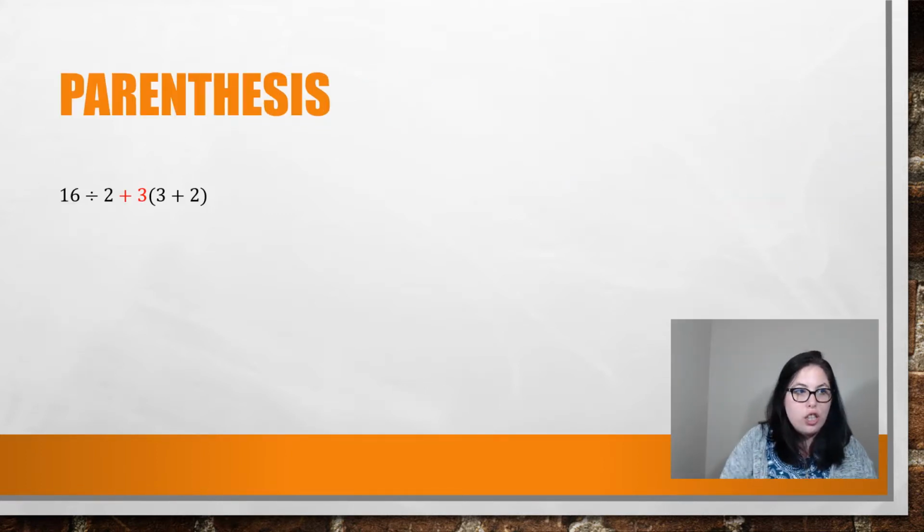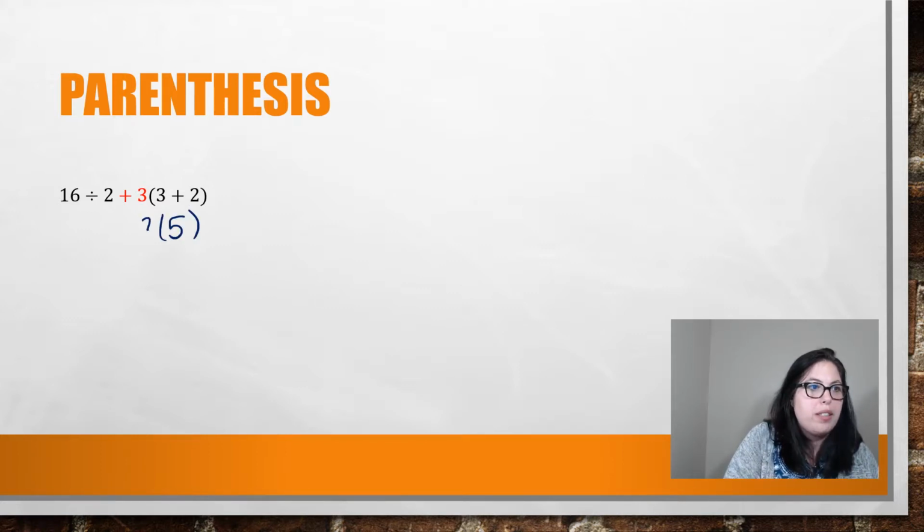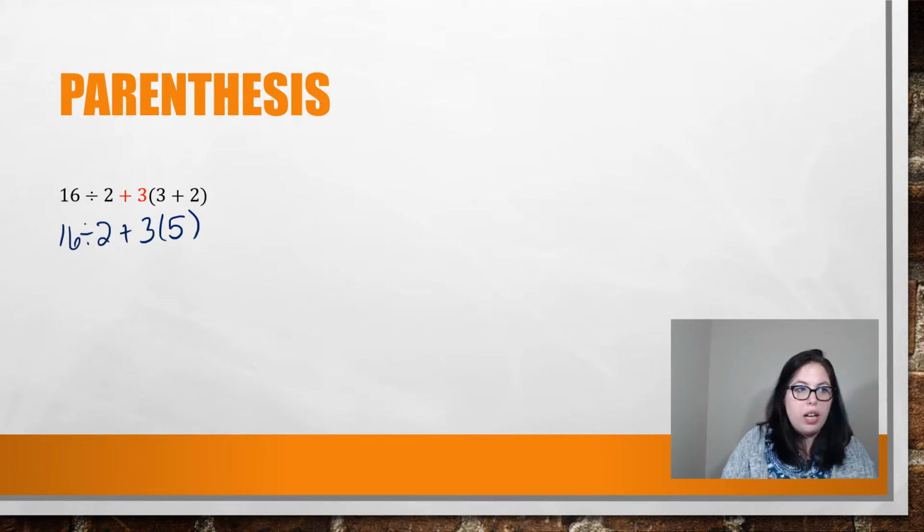All right, so I could do the parentheses or I could distribute. Doesn't matter, it's going to give me the same answer. Okay, so I do that first and I'm left with division in one term and multiplication in the other term.